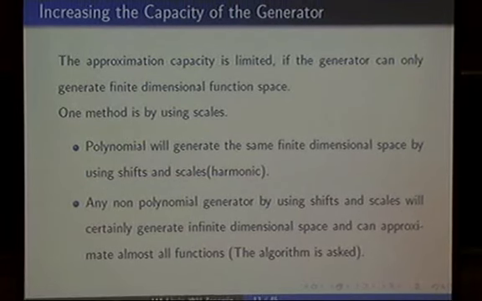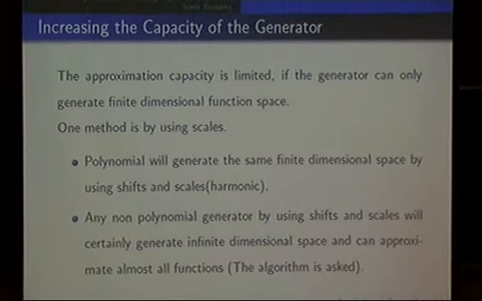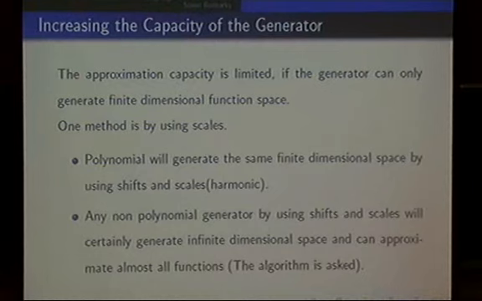The approximation capacity is limited if the generator can only generate a finite dimensional space. We always require a large space. The space should be larger and larger and contain all the functions. So one method to generate an infinite dimensional space is by using scales.